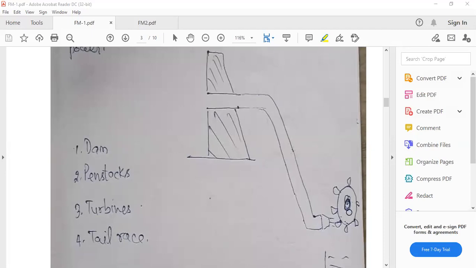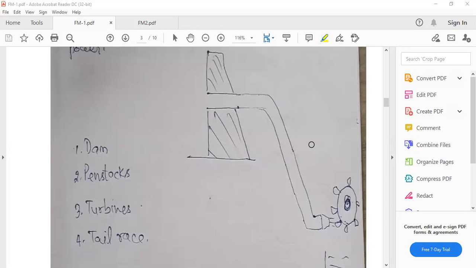Now, to this shaft, we have a generator coupled, and in this way, we can convert the mechanical power into electric power, and this is known as hydroelectric power. You must have heard about hydroelectric power plants. So in hydroelectric power plants, the electrical energy is produced with the help of water energy.